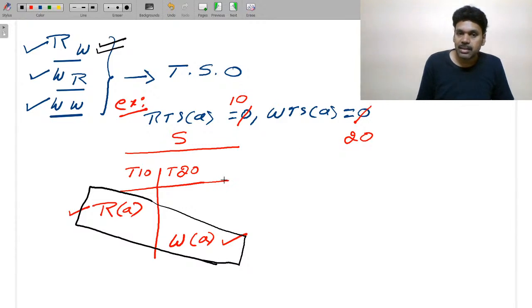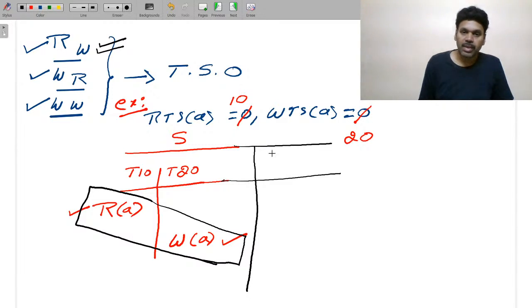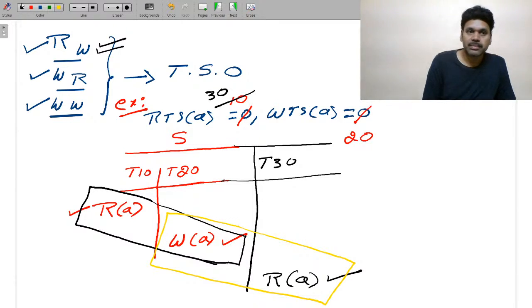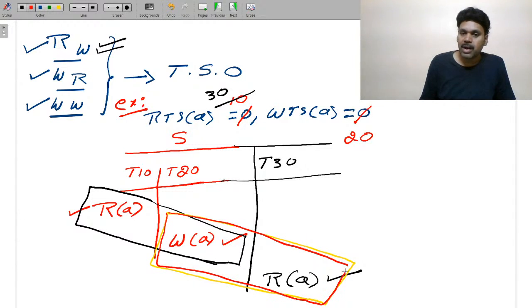Let us continue in the forward direction. T30 wants to perform R of A. This is also possible, and this 10 becomes 30 now. Observe carefully, there is one more conflict here. What is the conflict? WR conflict. So this is also allowed.